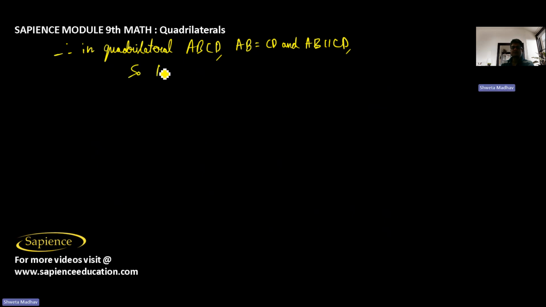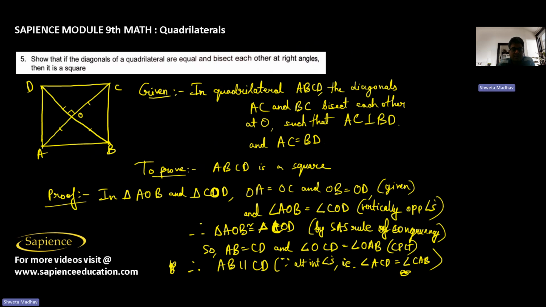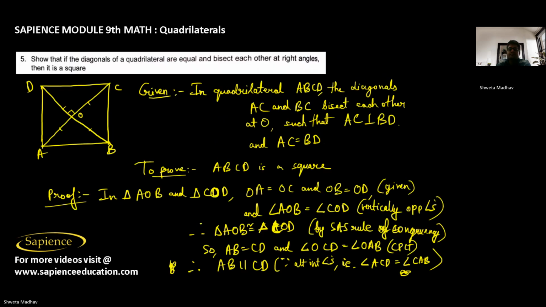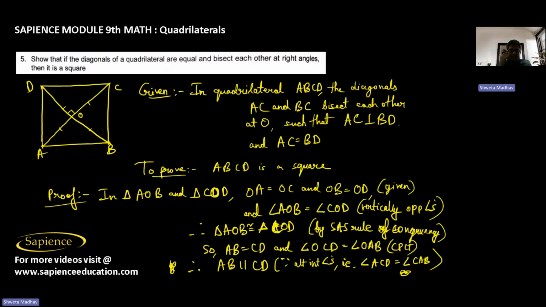So ABCD is a parallelogram, since two opposite sides are equal and parallel.